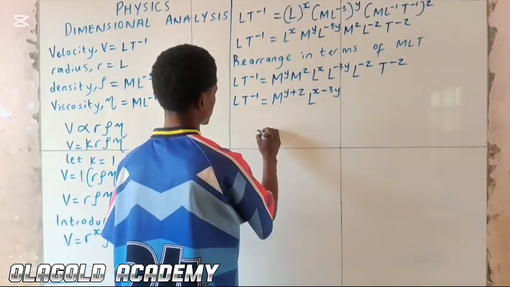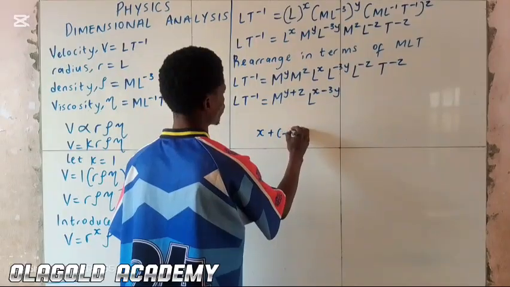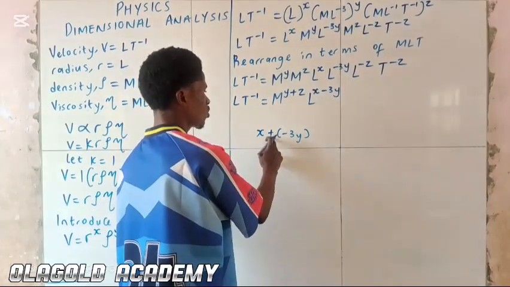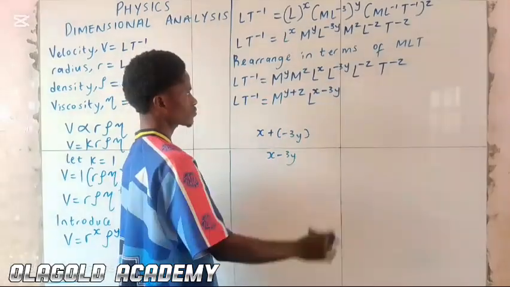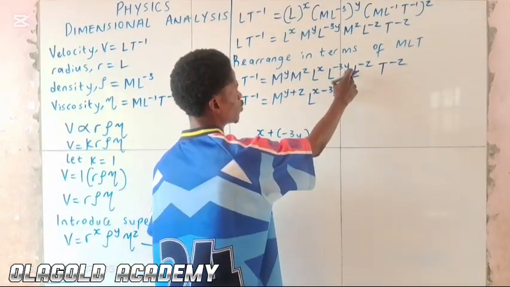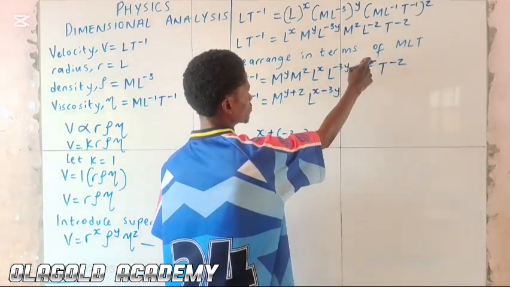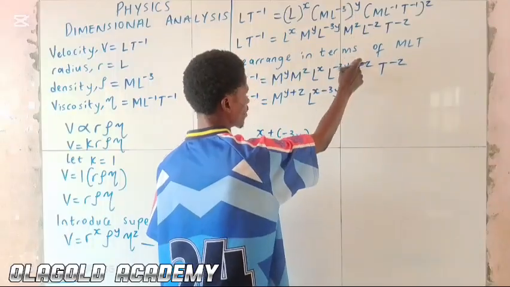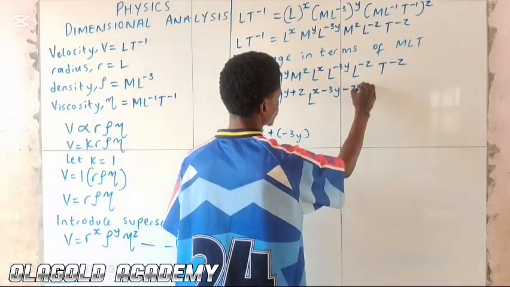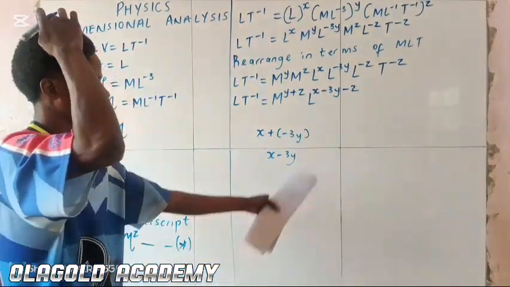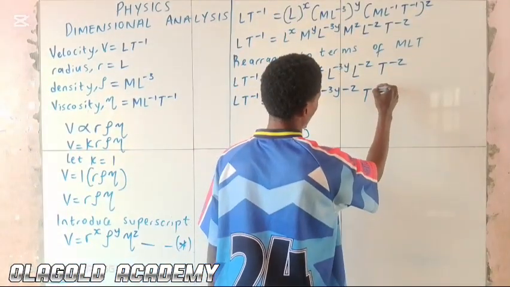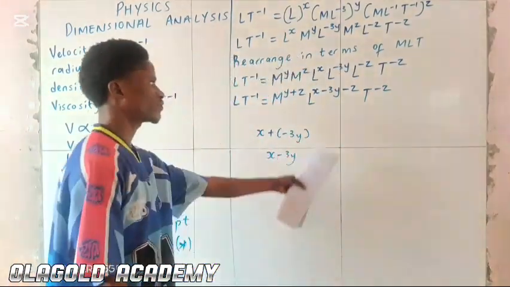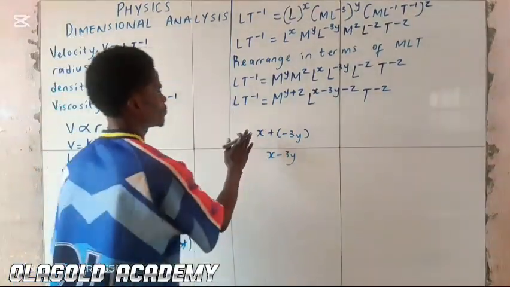Plus minus z gives us minus z. Next we are having T to the power minus z. So we have this here.